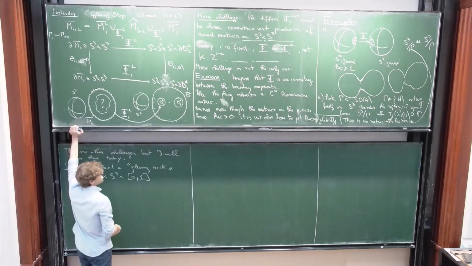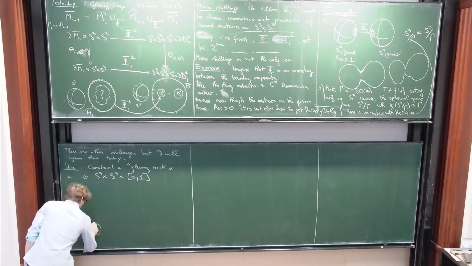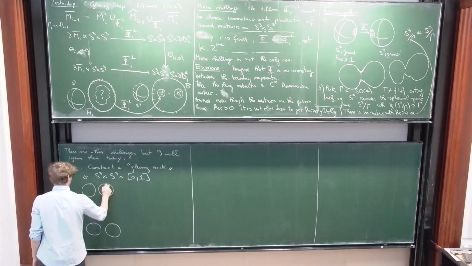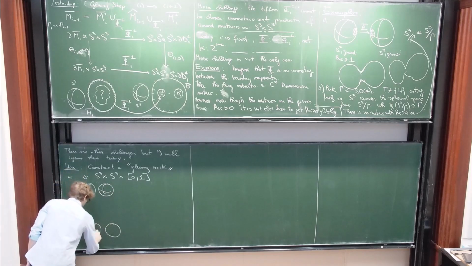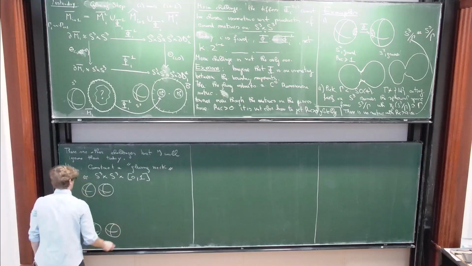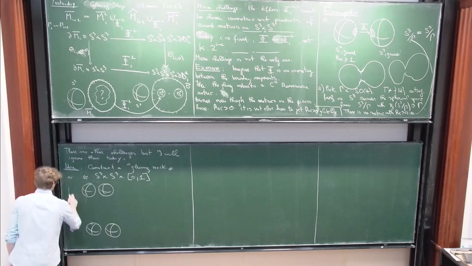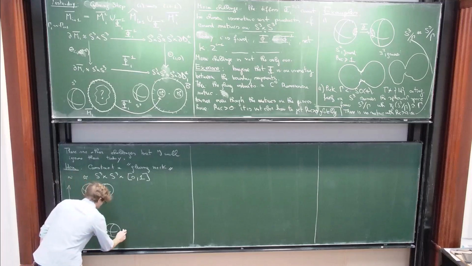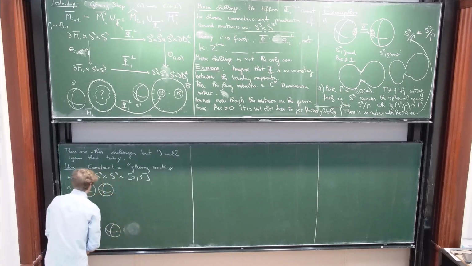And the picture that we should have in mind for this gluing neck is the following. These are going to be the time slices. Say there is going to be a time parameter t going in (0,1). These are going to be the time slices. They are all diffeomorphic to S3 times S3.